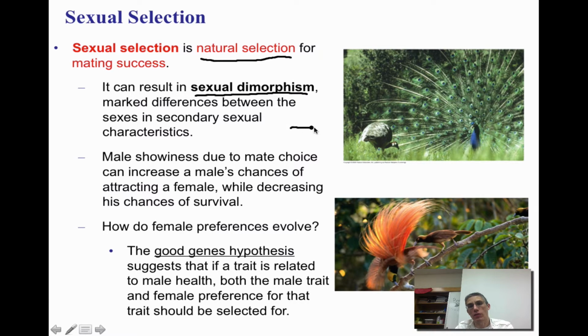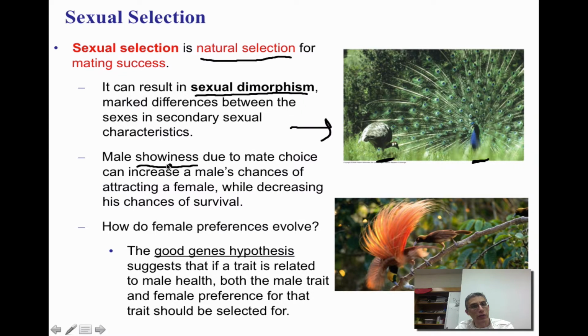And that's going to be something that's very obvious when you look over here at the peacock that you see in this picture. The females are typically very drab in color, but the males definitely have a very vibrant and very extensive type of display. And based on that display, the female gets to choose whichever one she thinks is best. Now, of course, that's going to influence the genes that are going to be passed on to the next generation.